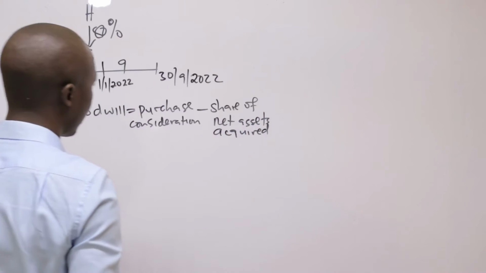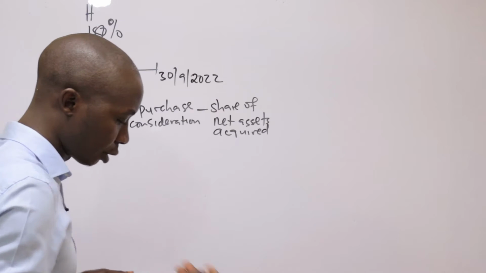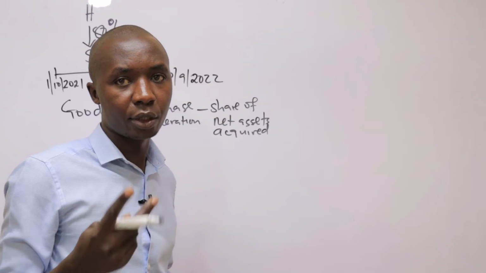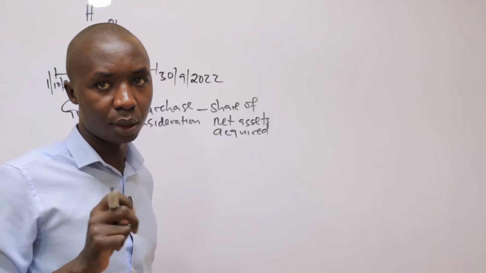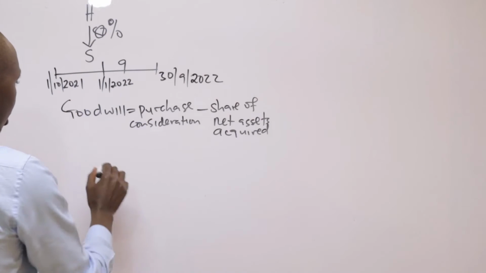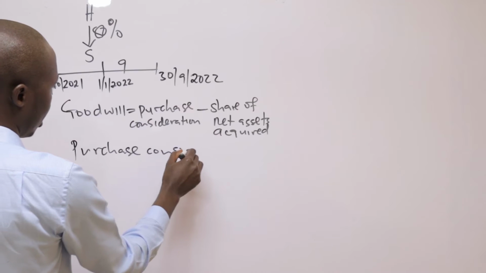Here in this question, the important thing was that they never provided the purchase consideration in one way only, but in two ways, through cash and shares. So we need to determine purchase consideration.